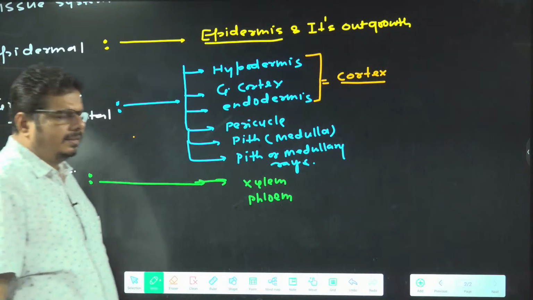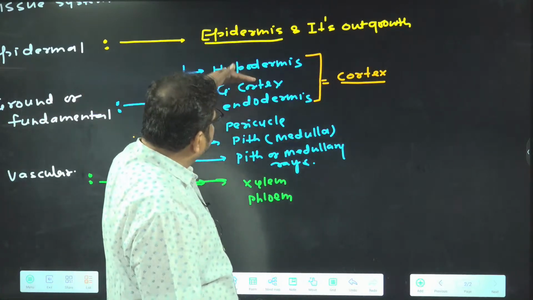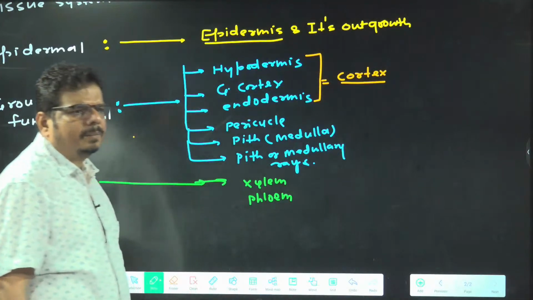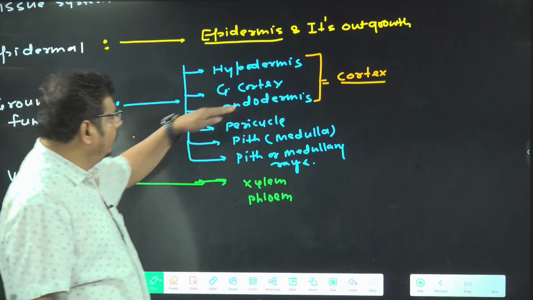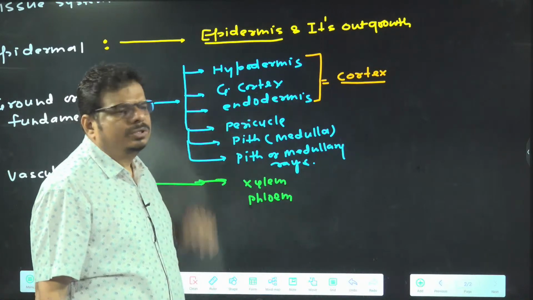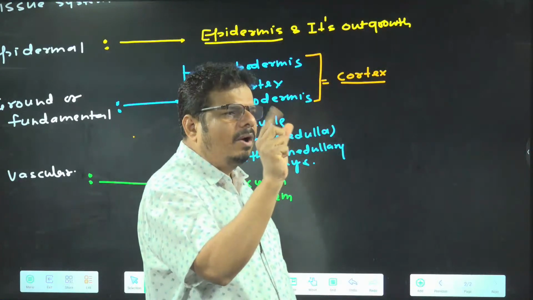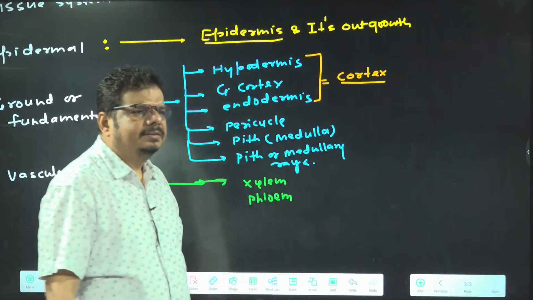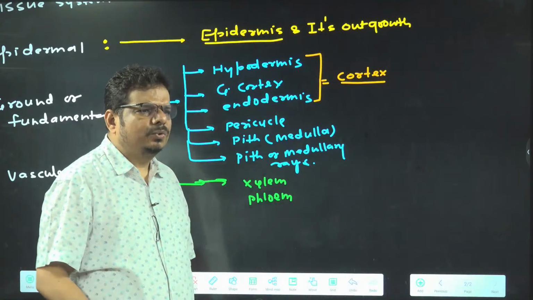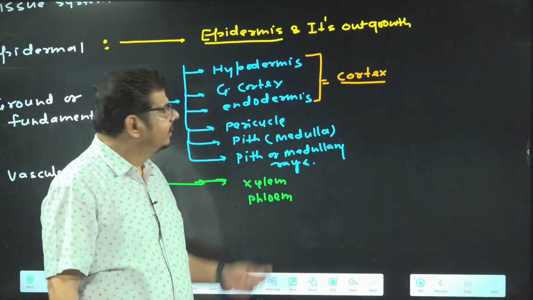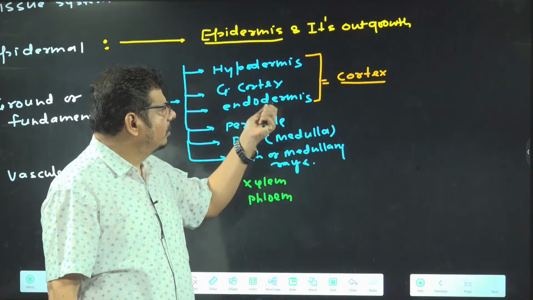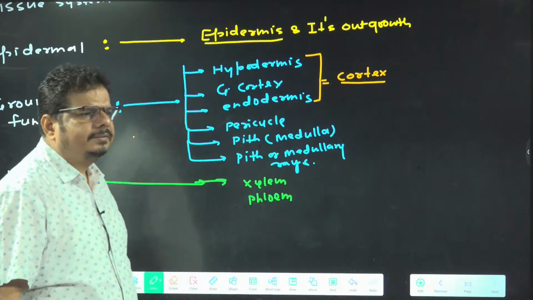Hypodermis is the outermost layer of the cortex, and endodermis is the innermost layer of the cortex. So the cortex is differentiated into how many zones? Three layers, three subzones you can say: hypodermis, general cortex and endodermis.